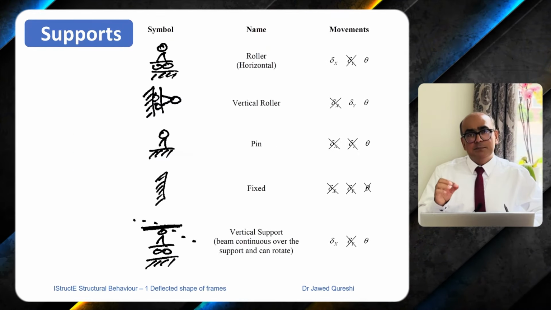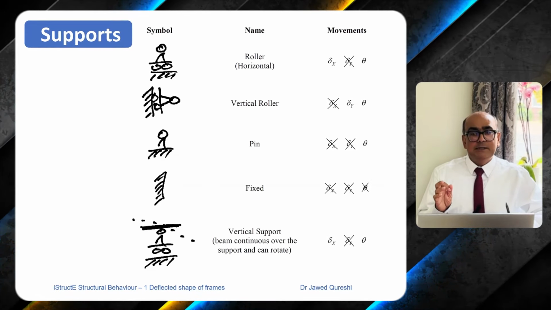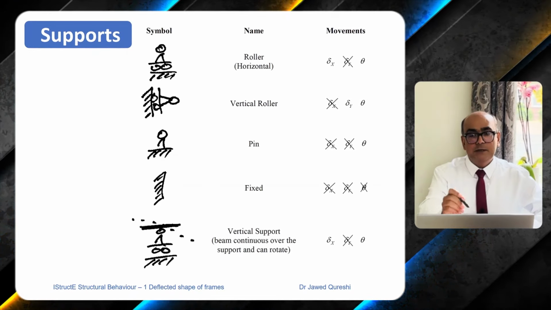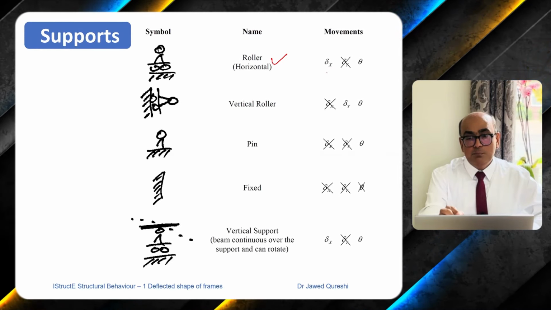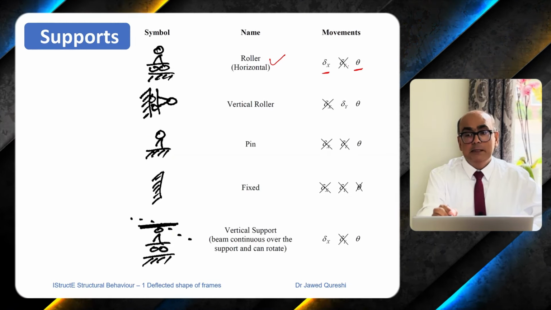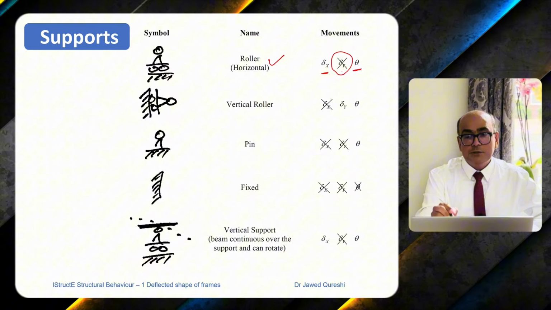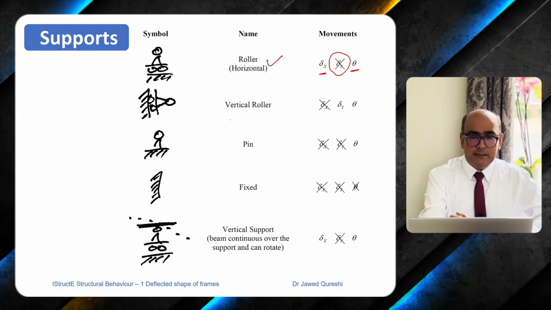First, support conditions. You need to know that what support conditions are there. So for example, first one, roller support horizontal. It can move in horizontal direction, it can rotate as well, but it cannot move in vertical direction. How about vertical roller?